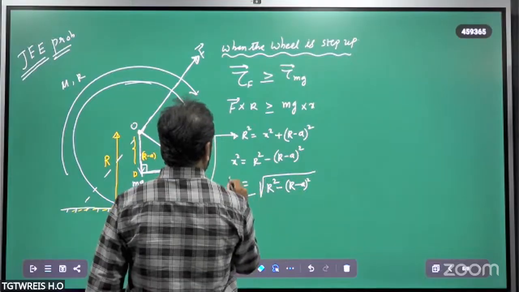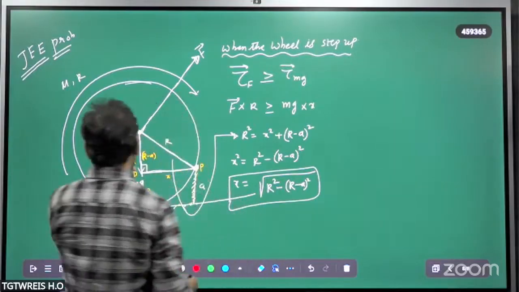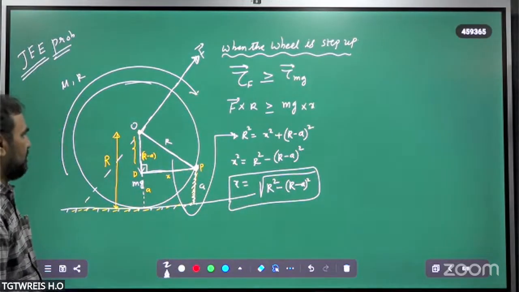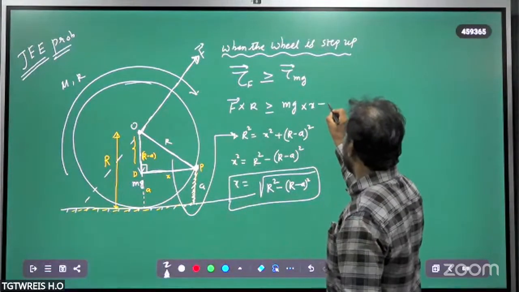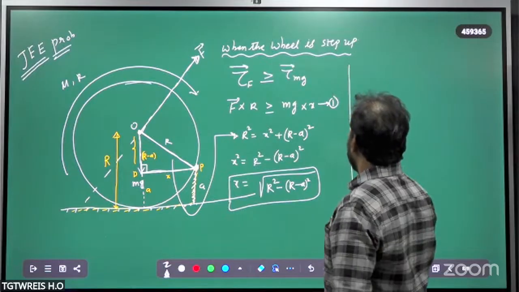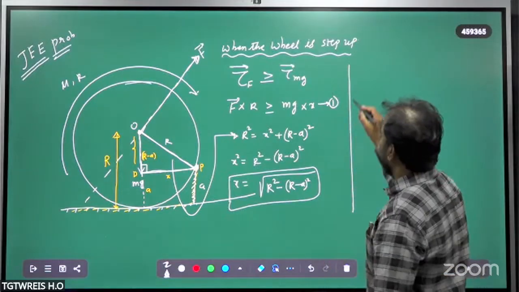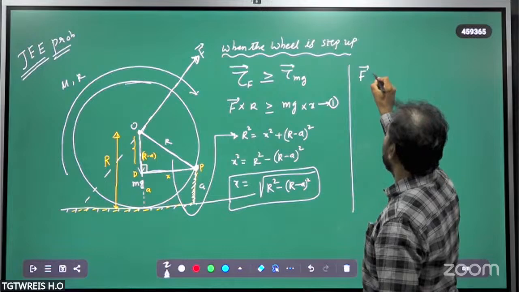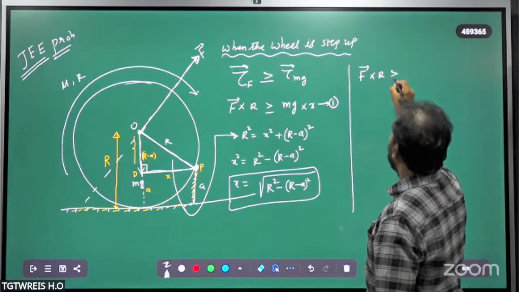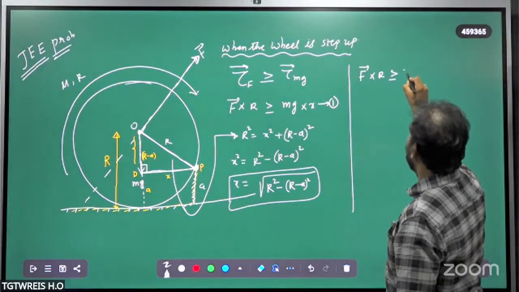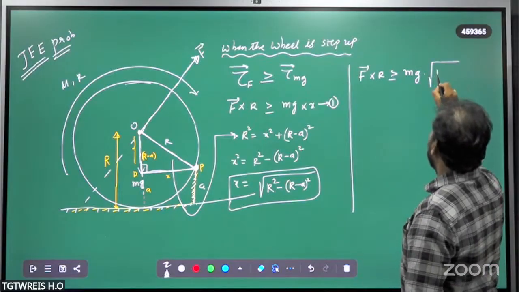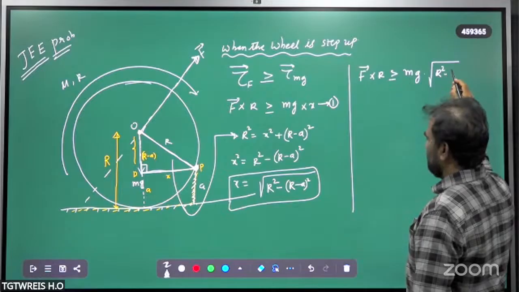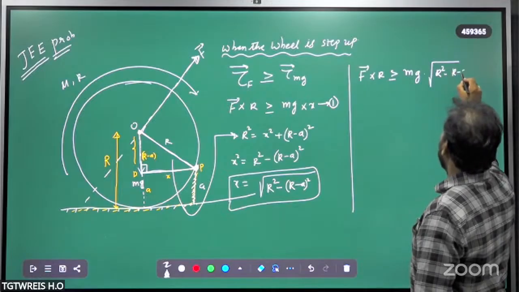This is the perpendicular distance of the center of weight of the object. Put these two values in this equation. F cross R is greater than or equal to mg into x, where x is root over r square minus r minus a whole square.